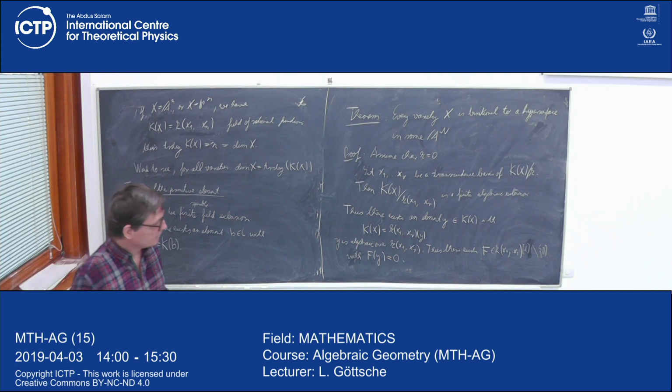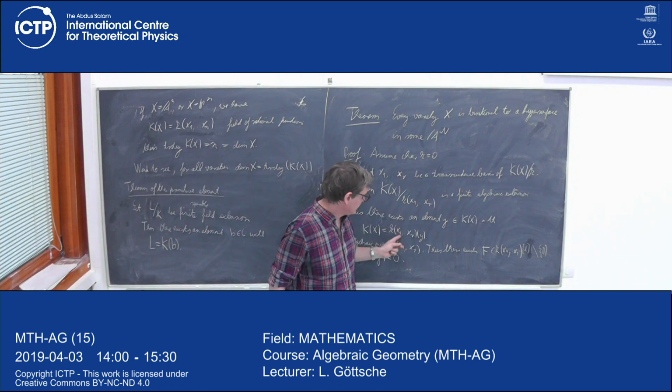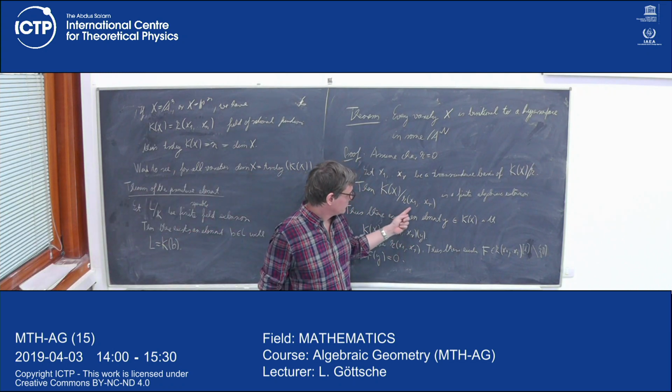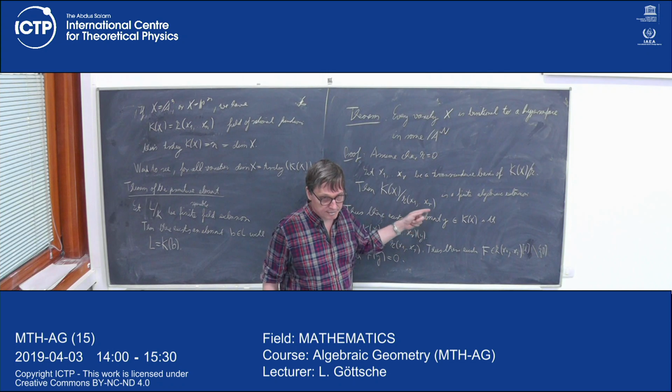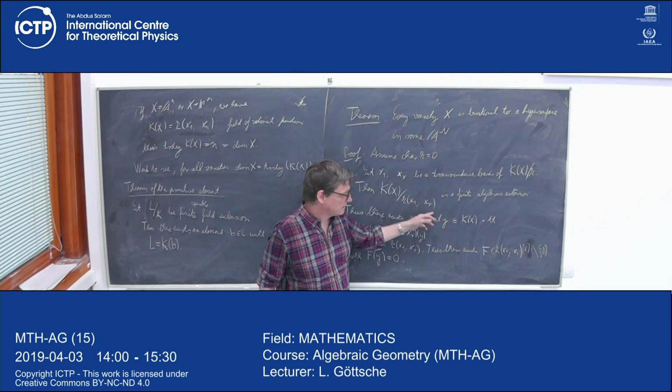So remember that this K(x1 to xr) is just the field of rational functions in variables x1 to xr. So I can also view the xi just as variables, no? Because they are algebraically independent.